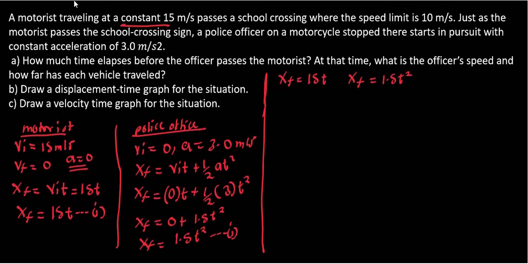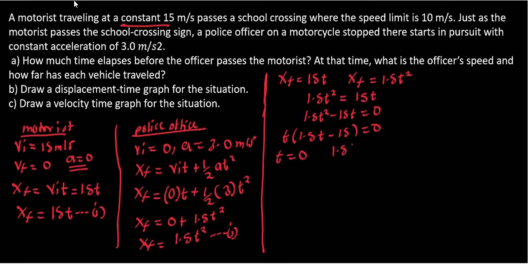So in that situation, we shall equate now. 1.5 t squared equals 15 t. Moving it across, it equals 0. What's common? t. So it will be t times (1.5 t minus 15) equal to 0. So time equals 0, or 1.5 t minus 15 equals 0.